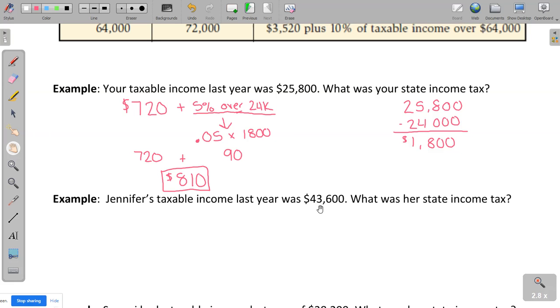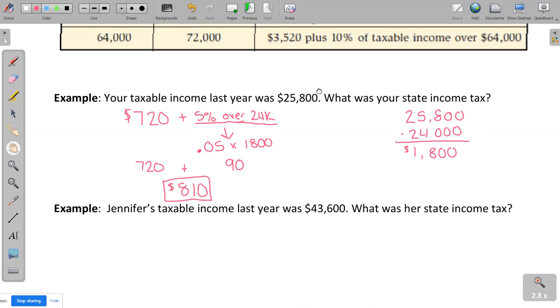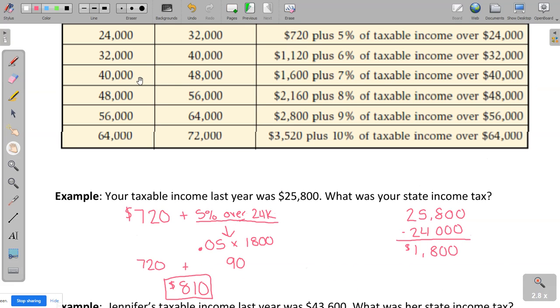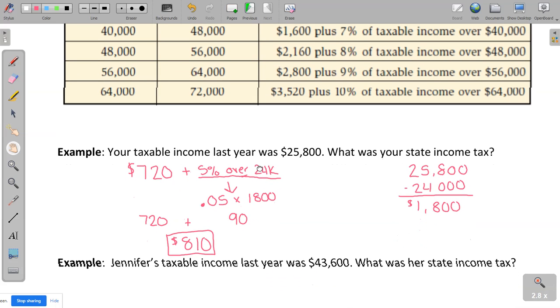The next problem: Jennifer's taxable income last year was $43,600. We need to find her state income tax. So use the chart; $43,600 is going to be here. We have $1,600 as our initial amount plus 7% over $40,000.